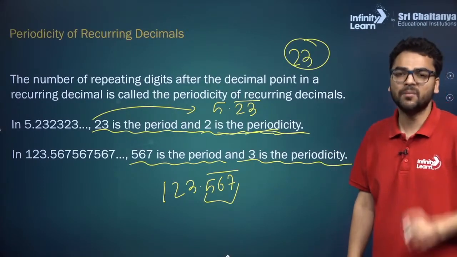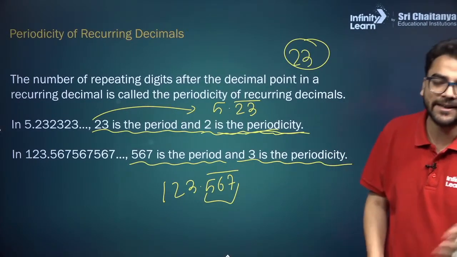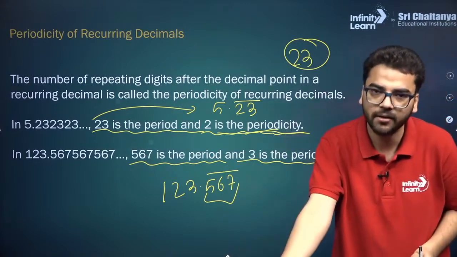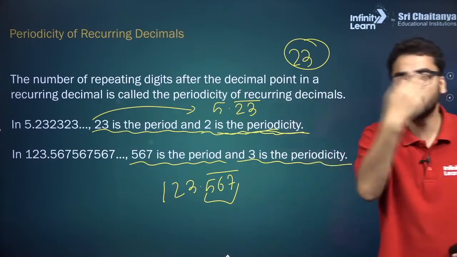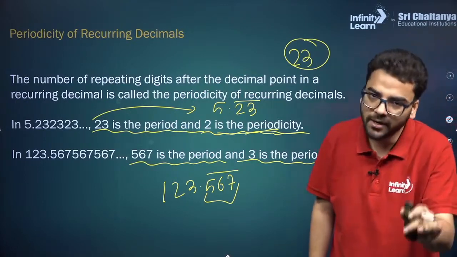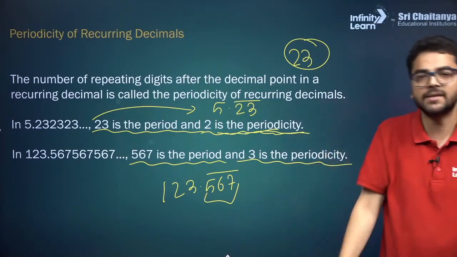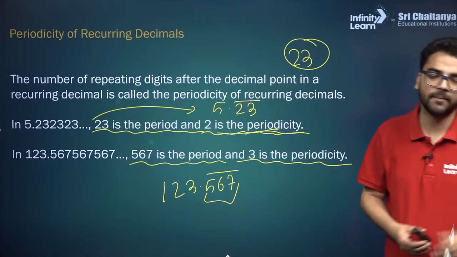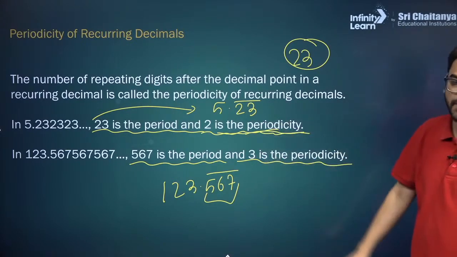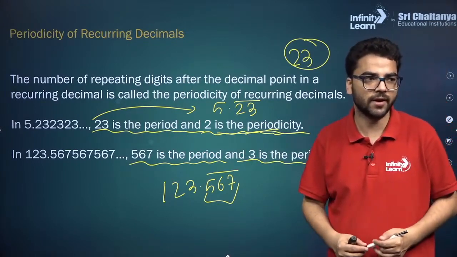But there is one thing called terminating, whether it is non-repeating, non-terminating. So if it is non-repeating and non-terminating, it is an irrational number. And if it is non-terminating but repeating, then it is a rational number. You got it or not, Avni? Yes or no? So you understand this concept of period and periodicity, it's not such a big deal over here.